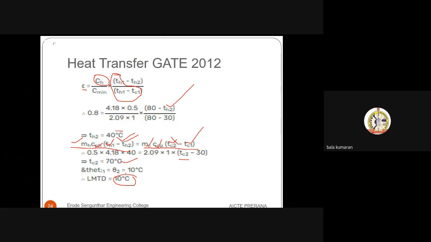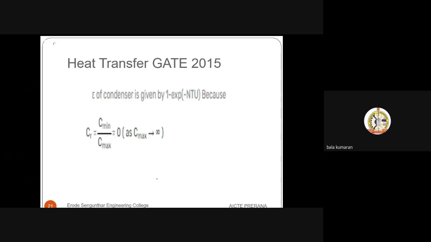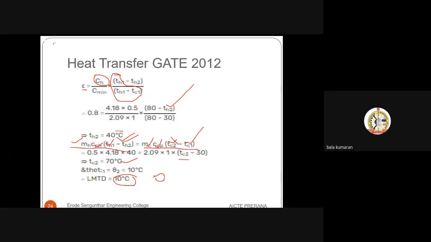Just applying the formula of LMTD, here we have to apply the formula like this: theta T1 minus theta T2 divided by ln of theta 1 divided by theta 2.